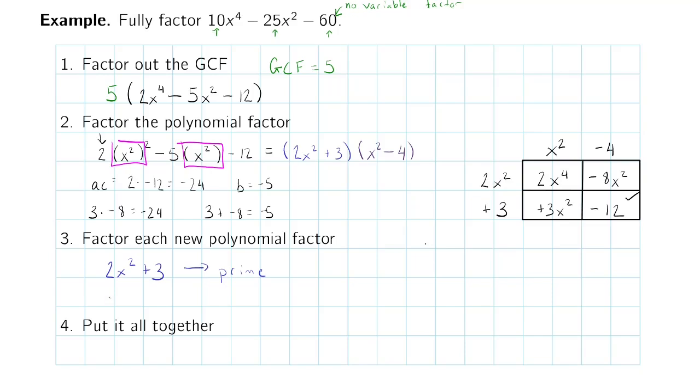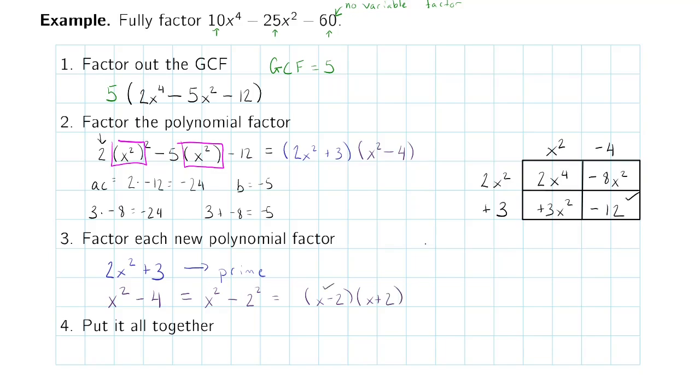What about my other factor? I have x squared minus 4. Two terms again, so I'll look for special forms. But I think that 4 is a perfect square. So x squared minus 4, that's x squared minus 2 squared. So that'll be x minus 2 times x plus 2.